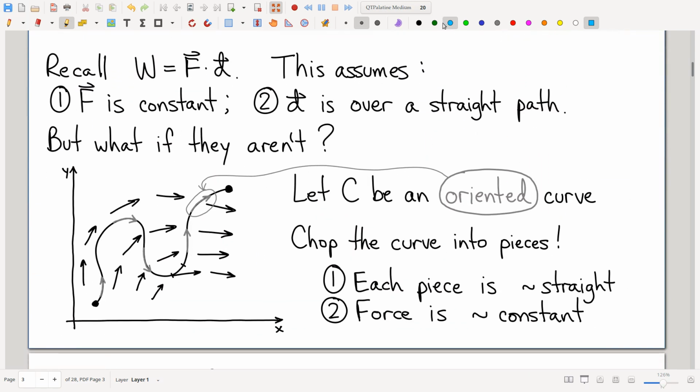If this is a mountain road that I'm driving along, and the force represents the gravitational pull, which is going to be in different directions depending on the shape of the hill, is the work the same whichever way you drive the road? Oh, very much no. It's a lot more work to drive up the mountain than to drive down the mountain.